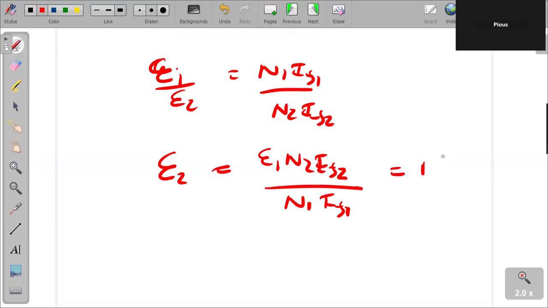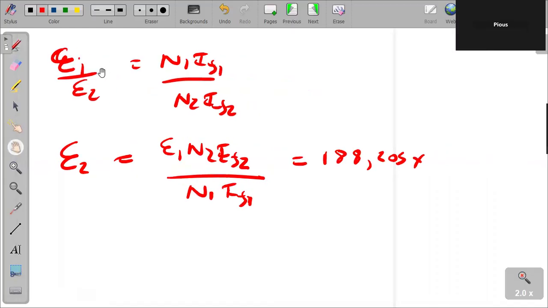So substituting that, N2 is actually the new speed that we have after the resistor has been added.